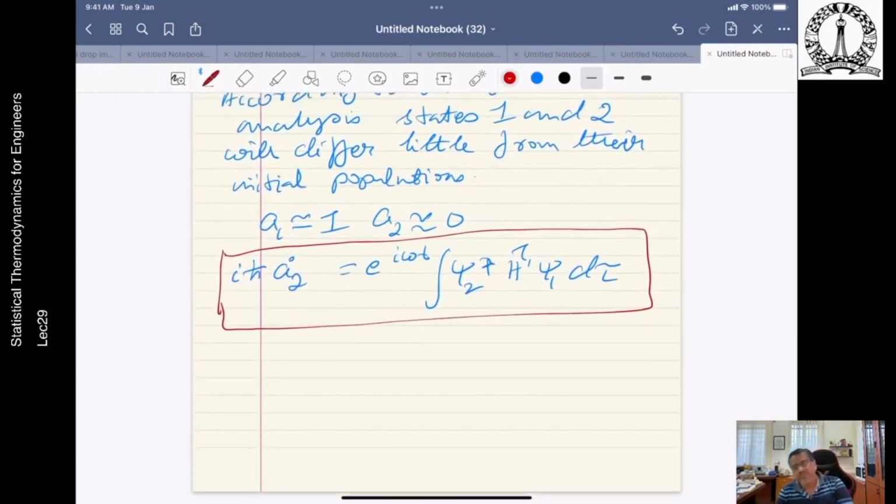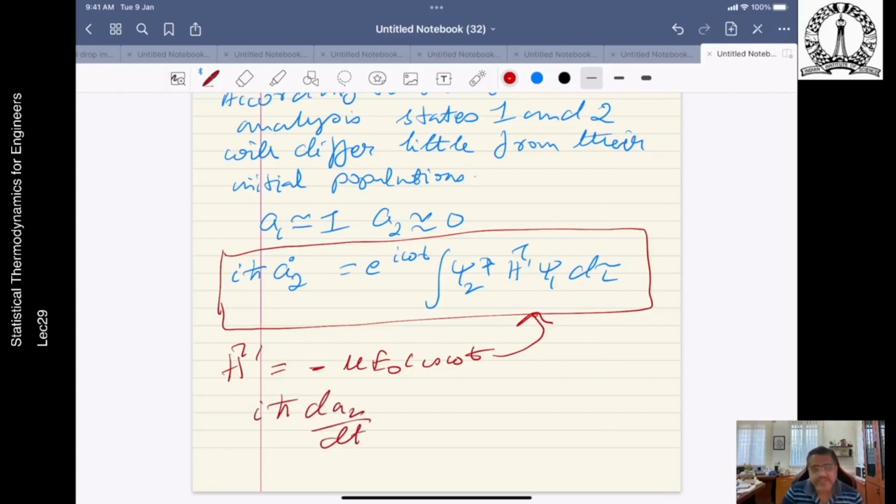Now if you substitute the expression for H prime, which is equal to minus mu E0 cos omega t, here, what you get is i h bar dA2 by dt is equal to M12 E0 e to the i omega t cos omega t.